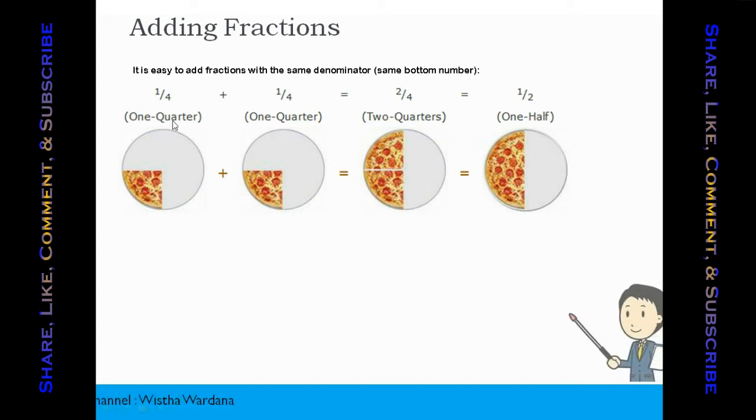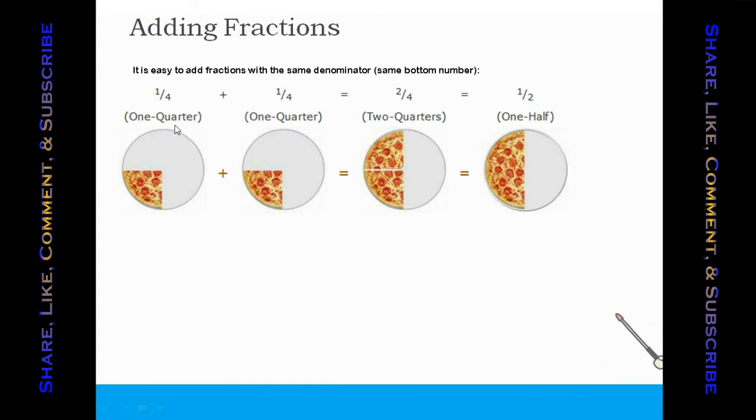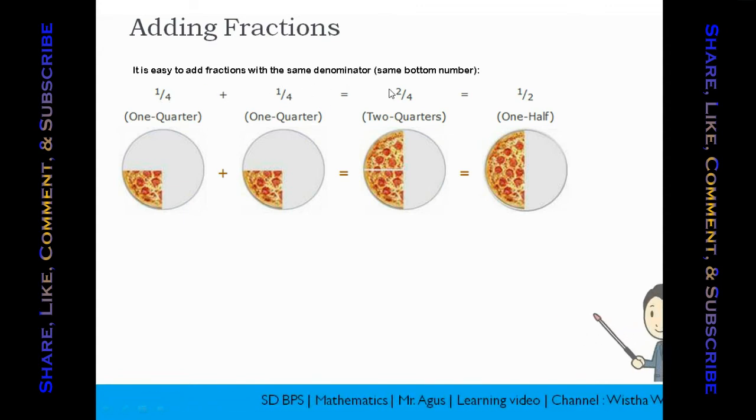So the answer is 1 per 2. The way to get to 1 per 2 is easy. You just add the numerator only. 1 plus 1 equals 2.